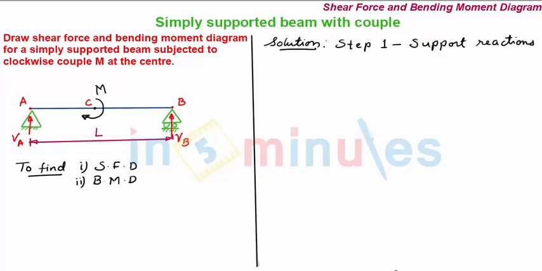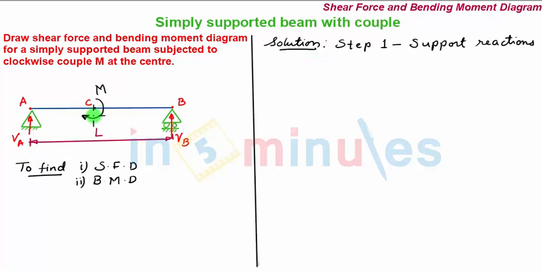As we have already discussed in how to solve problems, support reactions can be found using the static equilibrium equations, since after the application of load we consider the beam to be static. Let us find out how many static equilibrium equations can be used here.